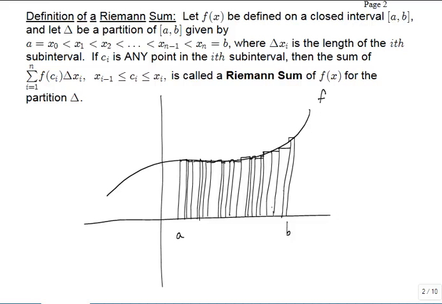It says if you have a function f of x defined on a closed interval a to b, let delta be a partition of a to b given by a equals x sub 0 less than x sub 1, x sub 2, and so forth. So this would be like a partition where you're starting at x sub 0, then going to x1, and then x1 to x2, and then x2 to x3, and so forth.